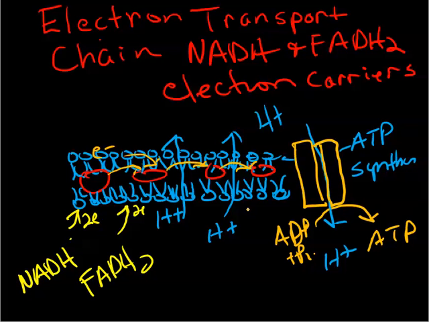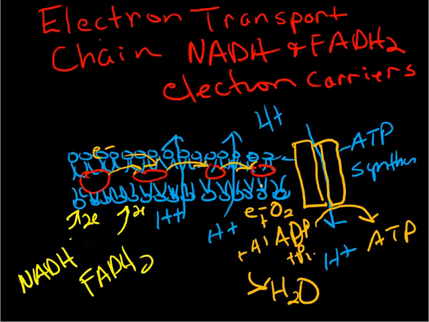Now, of course, there's something that has to be done with these electrons, and we have all these hydrogen ions coming in here. That is where O2, oxygen, plus the electrons plus hydrogen ions are going to make water.